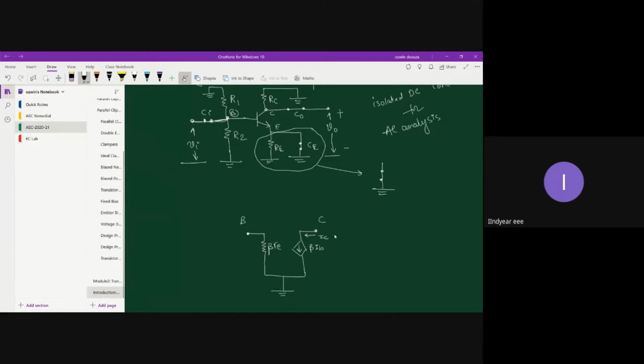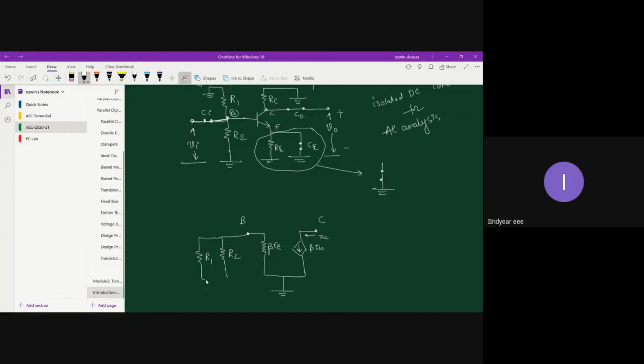Done. On the input side, to the base terminal, R1 is connected and R2 is connected. As you can clearly observe, the opposite ends of R1 and R2 are grounded. So basically you will have a parallel combination of R1 and R2 connected to ground.